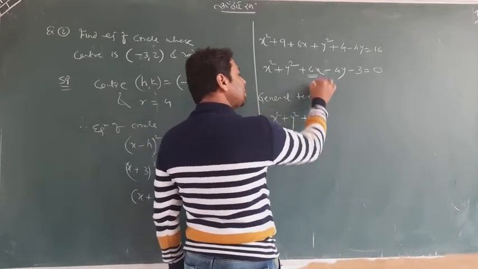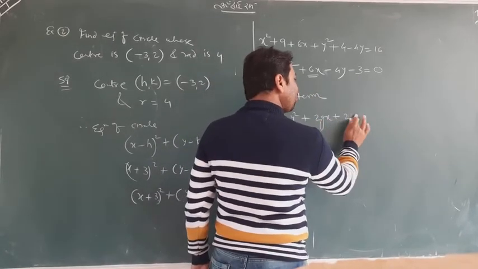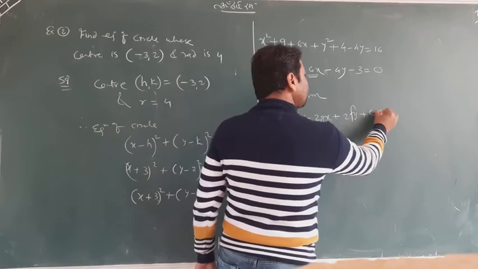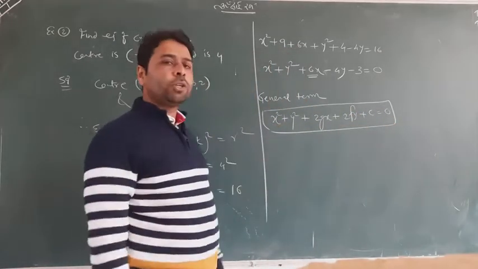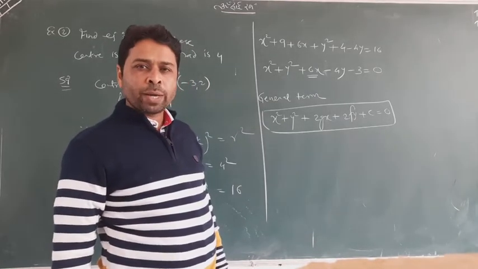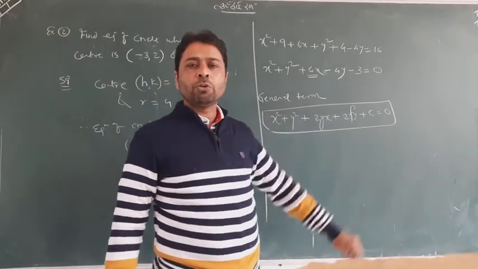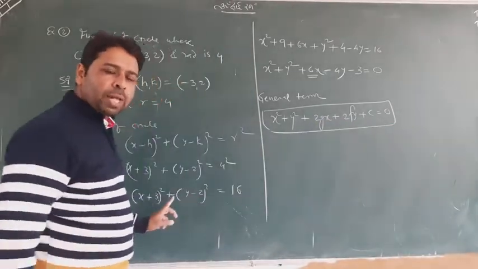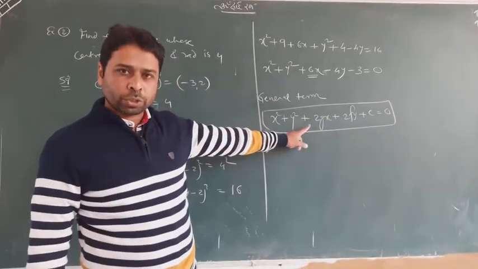The term of x is given by 2gx, the term of y by 2fy, and the constant term by c. So remember, students, the general form of the circle is x square plus y square plus 2gx plus 2fy plus c equal to 0. Whatever equation you have, after opening it you will get this kind of situation.